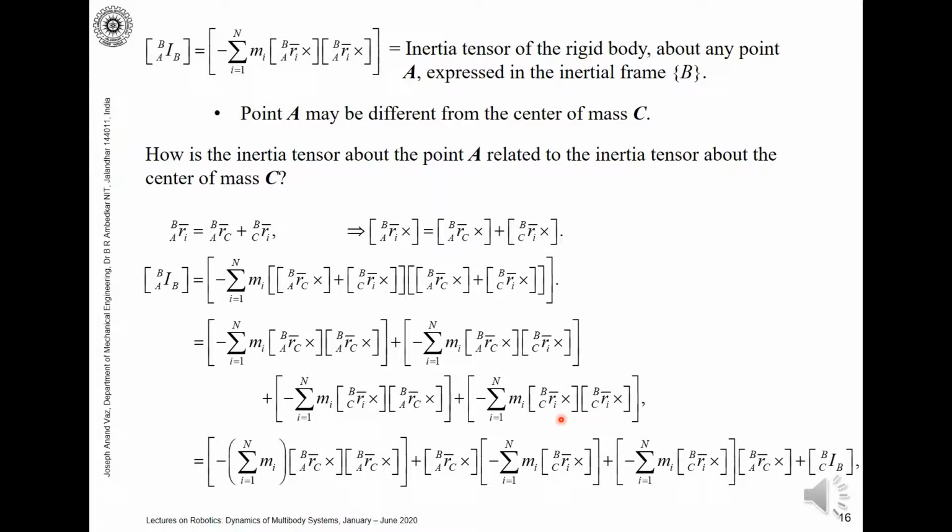Plus the last term, which you can recognize, is the inertia tensor of the rigid body B about the center of mass expressed in the frame, this last term over here. So in this equation, we make use of the fact that the moment of all the particles of the rigid body about the center of mass expressed in any frame is equal to the zero vector, and so the corresponding cross matrix is also going to be a zero matrix.